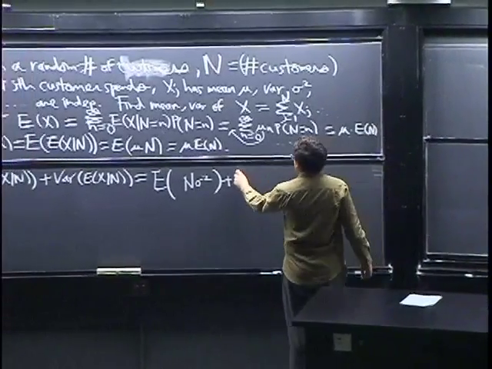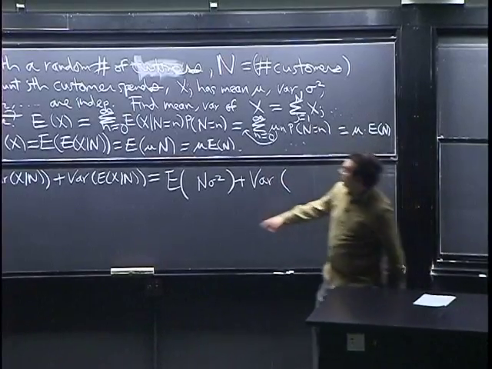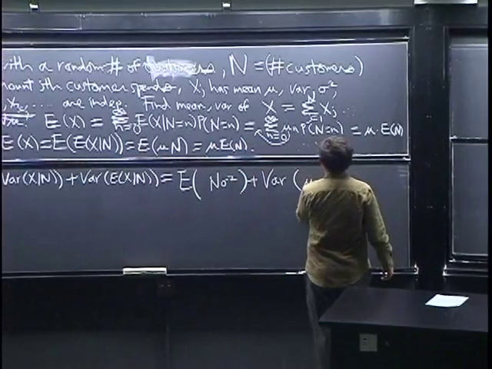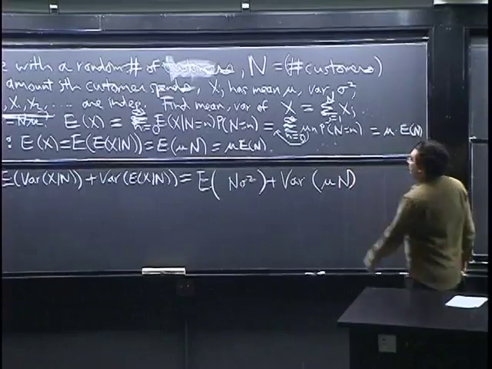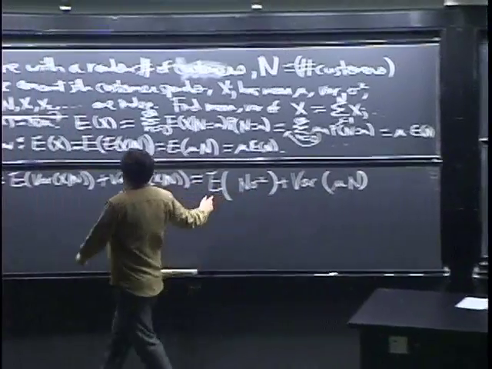we need the variance of the conditional expectation, but we already found that the conditional expectation, E of x given n, is mu times n, as above. Okay, and then to simplify that a little bit, we can just take out the sigma squared.